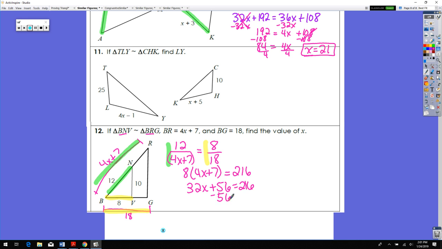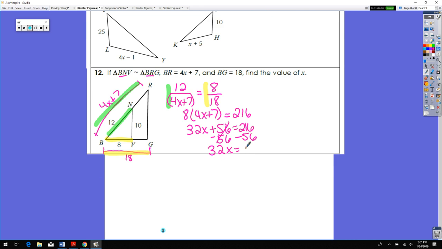Subtract 56 from both sides. 32x equals 160. Divide by 32. x is equal to 5. This is find the value of x. I did that. Okay, so we'll finish those other problems together in class.